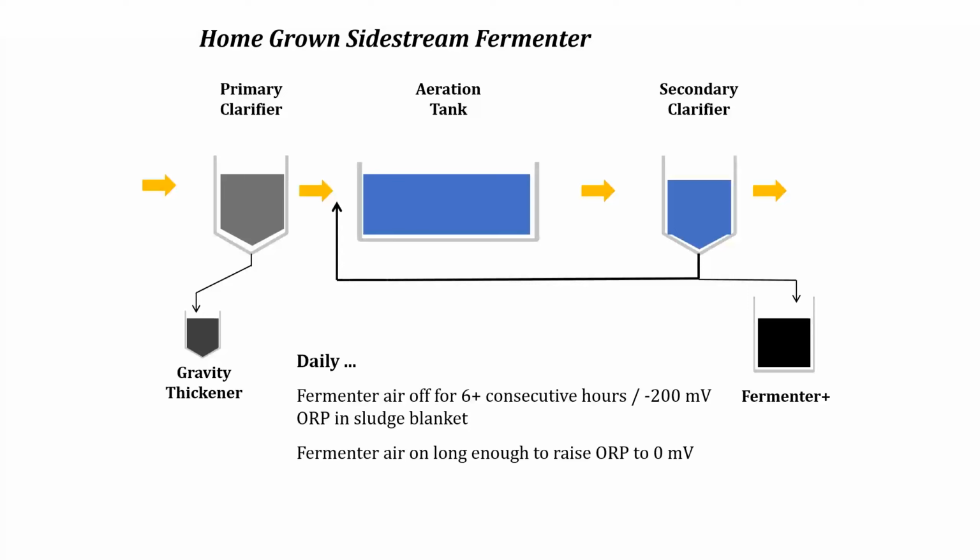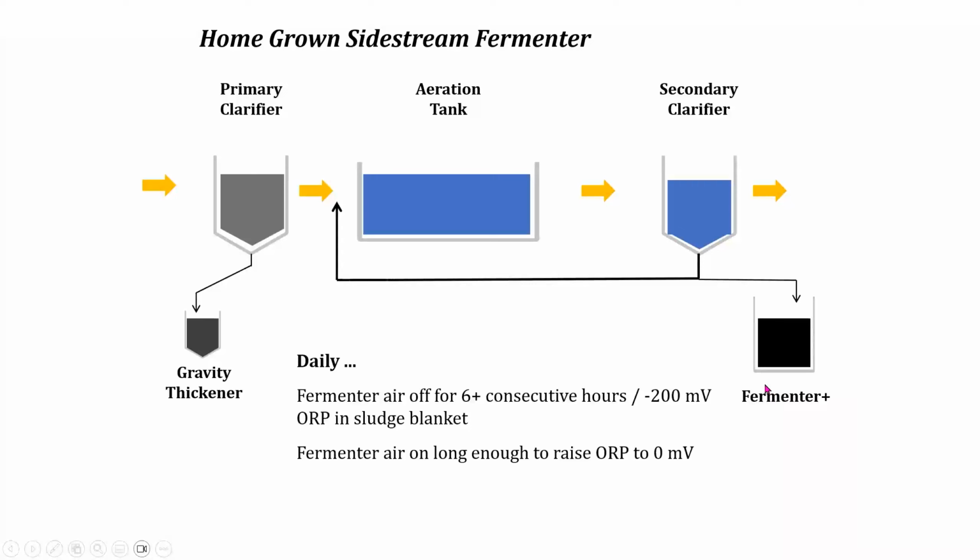And honestly, I haven't tested that number real well, but what I do know is if you've got too many days of storage in this fermenter and you don't aerate it at all, then it's going to get too septic and you're going to be releasing way too much phosphorus. So you can use that 3-to-1 rule, monitor the phosphorus coming out of here.